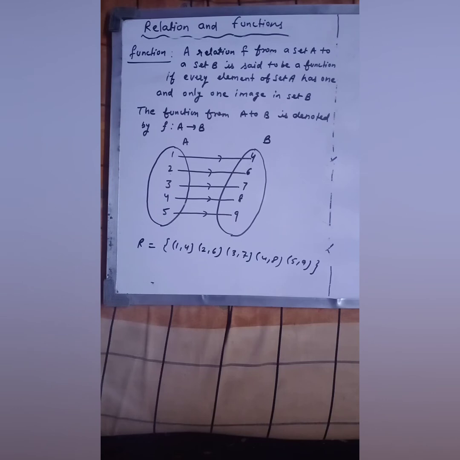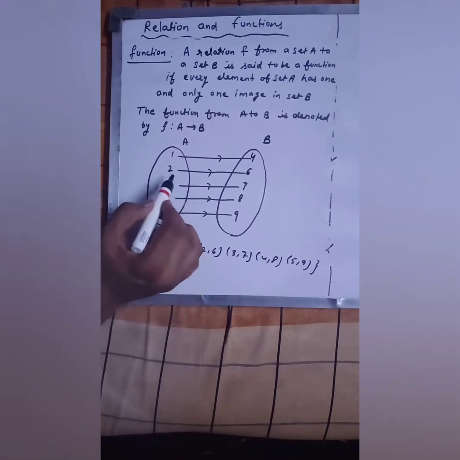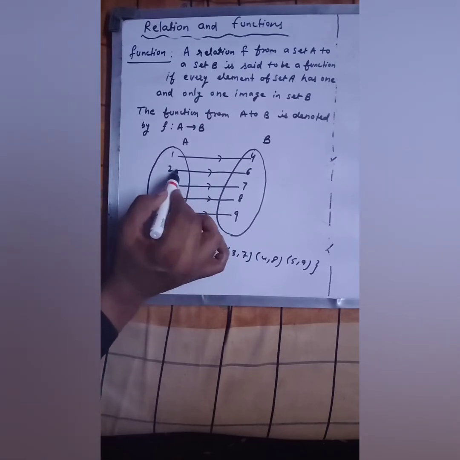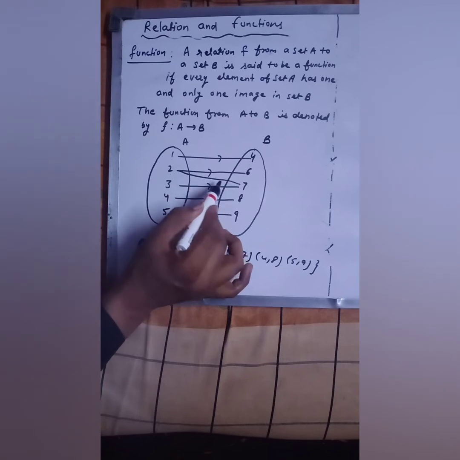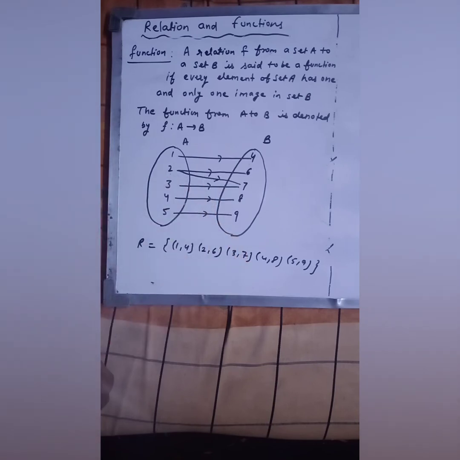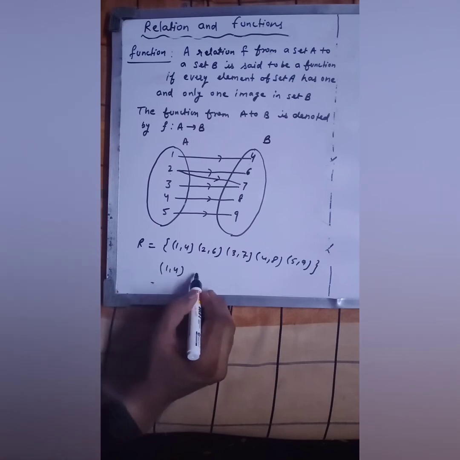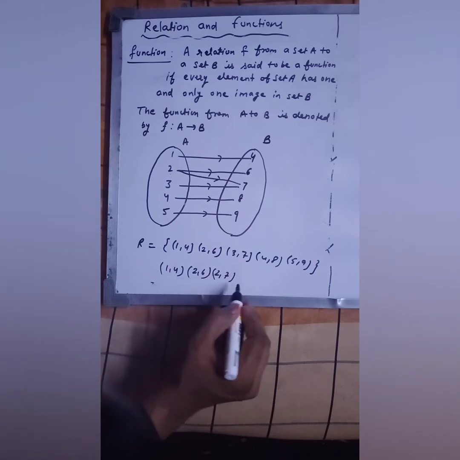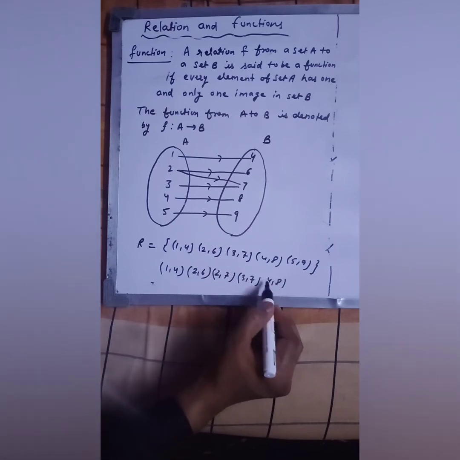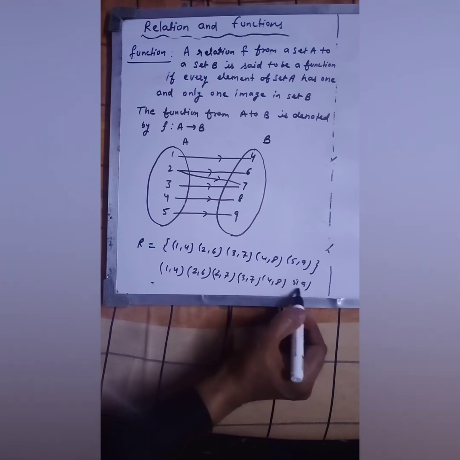Got it? Now suppose this 2 belongs to 7 also. So your relation will be 1 comma 4, 2 comma 6, and 2 comma 7, 3 comma 7, 4 comma 8, and 5 comma 9.